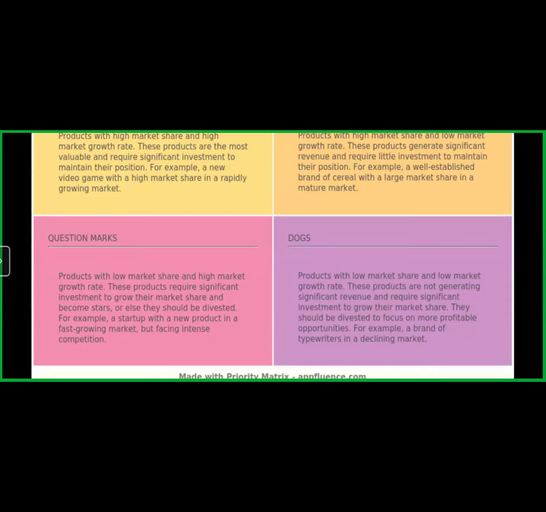We can shift that money to that particular market.